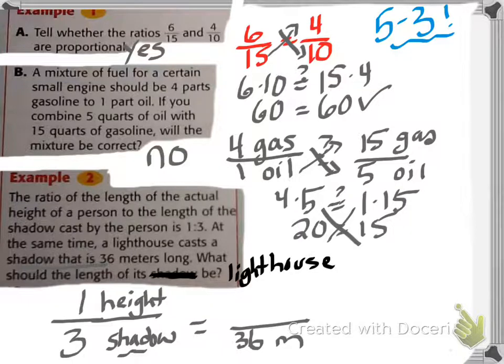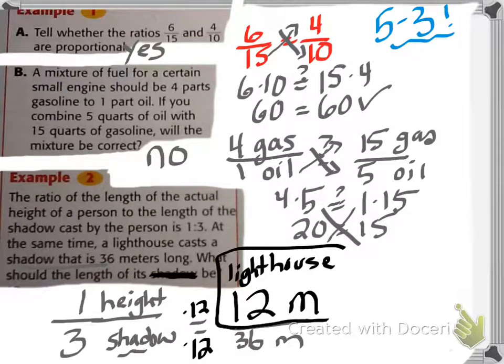So if it's 1 to 3 for a person and the shadow of the lighthouse is 36 meters, if I cross multiply, they will be equal. That's one strategy. You can also look at them as a fraction. How do you get from 3 to 36? I would multiply by 12. That means I would multiply the numerator by 12 as well, and I would get that the height of the lighthouse should be 12 meters.